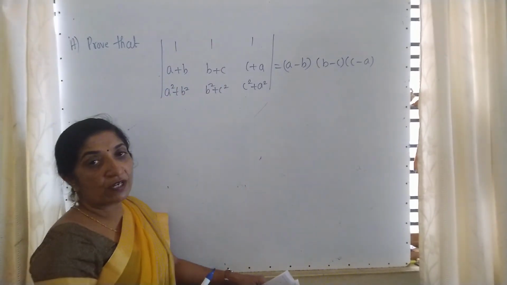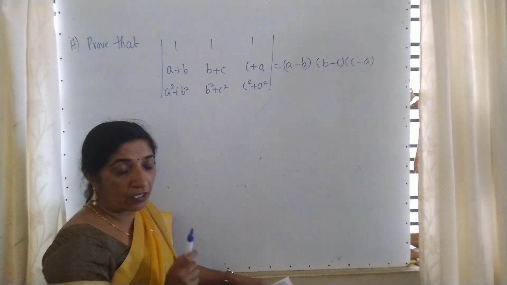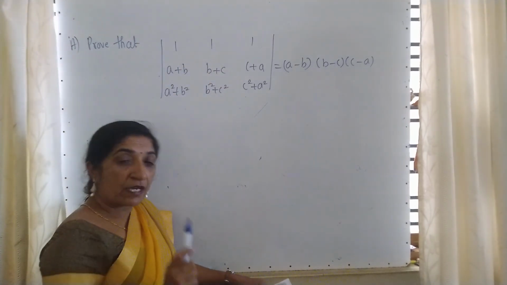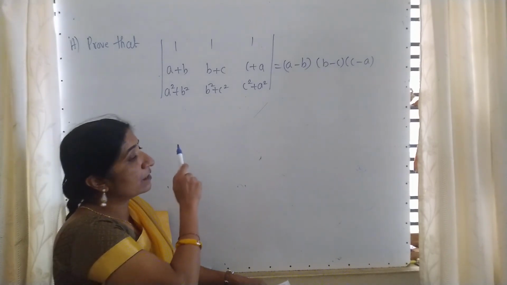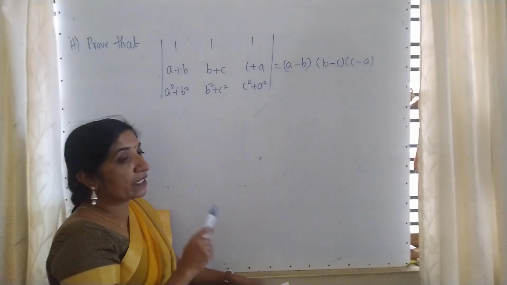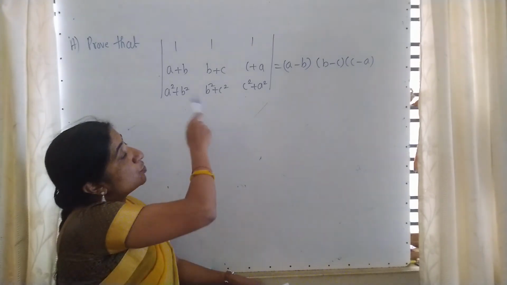Then what are you doing? We are applying C2 minus C1 and C3 minus C1. In the next class, I will start with this solution only. This is an assignment for you. So I will give you time. In the next class, I will start with the solution of this problem.